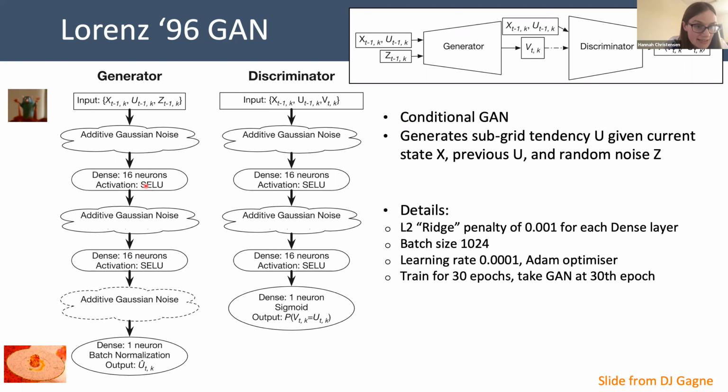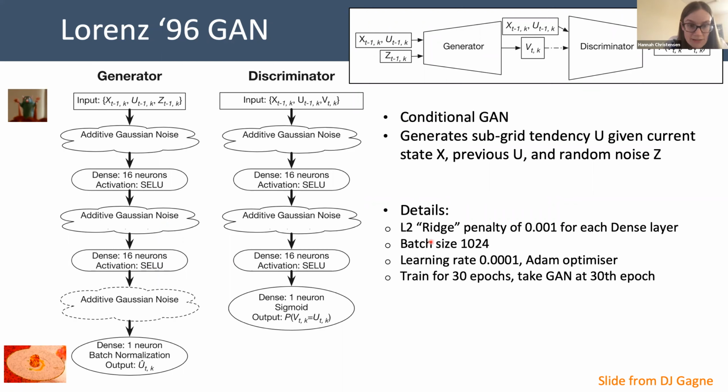We're using the SELU, scaled exponential linear unit, activation function, which is a kind of generalization of the more commonly used ReLU activation function. But it has some nice properties. It maintains a scaling of the throughput of the network, and it also avoids the vanishing gradient problem.